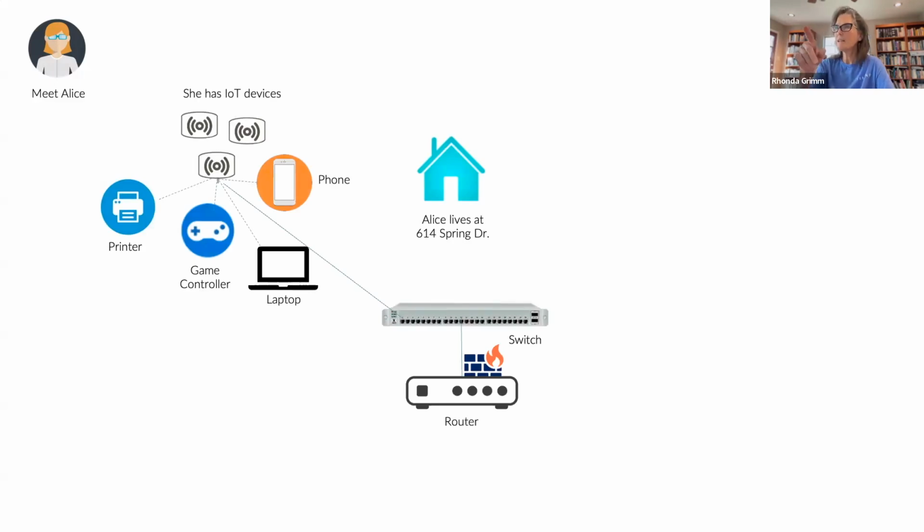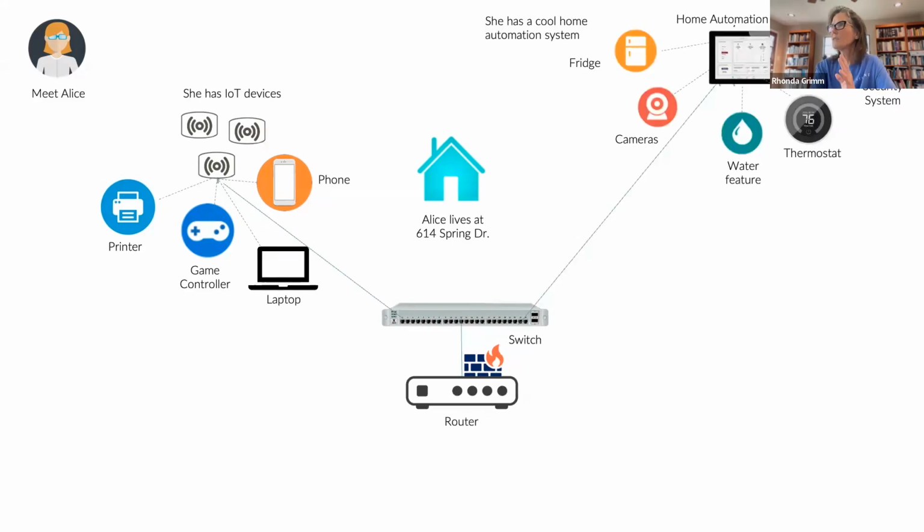mesh, and what isn't wireless plugs into the switch, which plugs into the router. Then she's got this cool home automation system that has her smart fridge and all her smart thermostats, and she's got this big controller, and the controller is hardwired into the switch, which goes into the router.